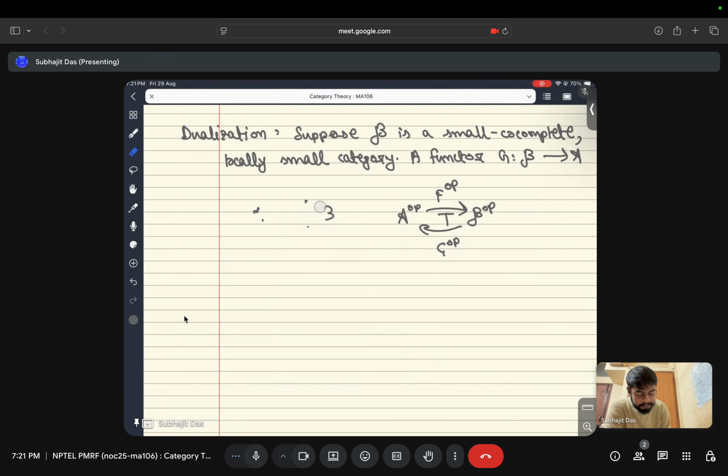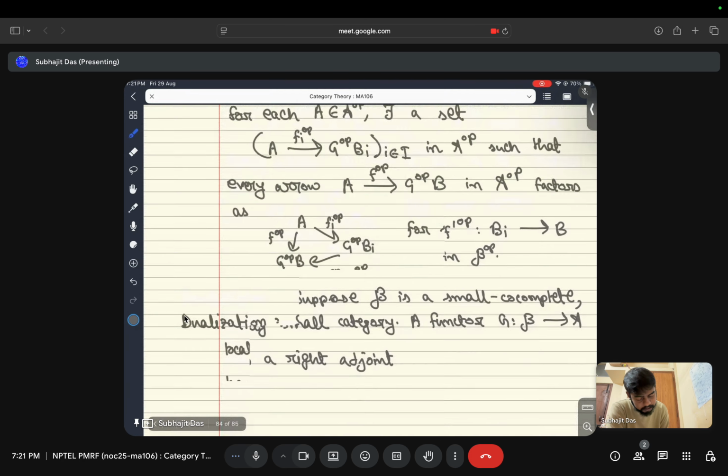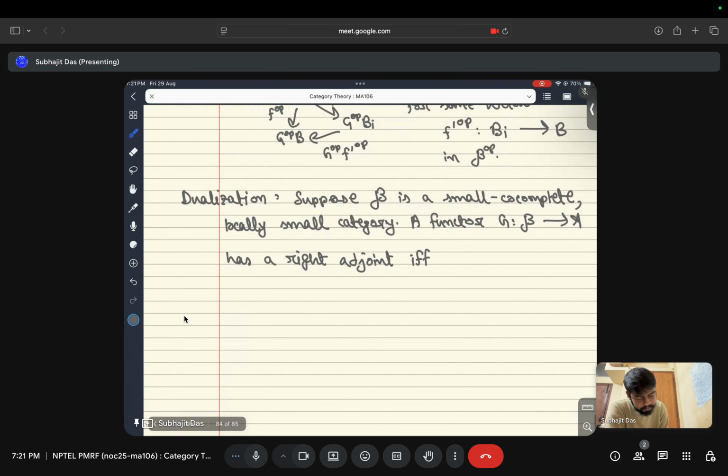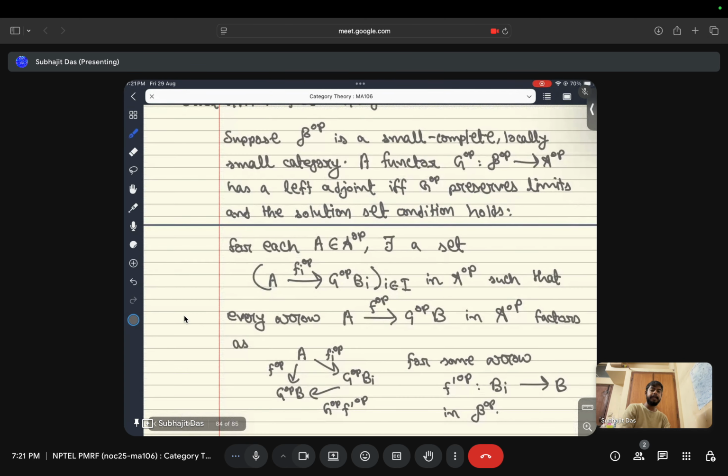So we should say a functor G from B to A has a right adjoint if and only if G op preserves limits. So G op is a functor from B op to A op. G op is continuous, means that if you consider the functor G from B to A, what should it do? Think about this. G op preserves limits, right? So G should preserve co-limits, right? That's the dual notion.